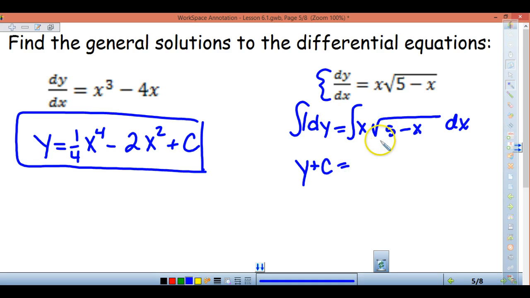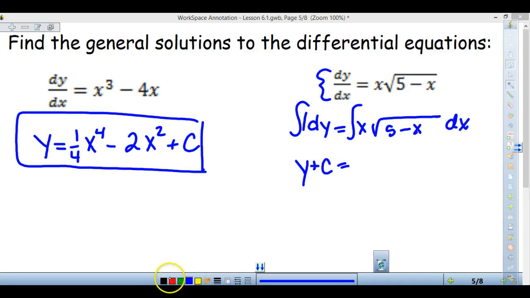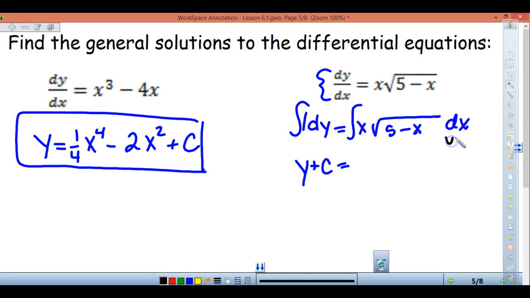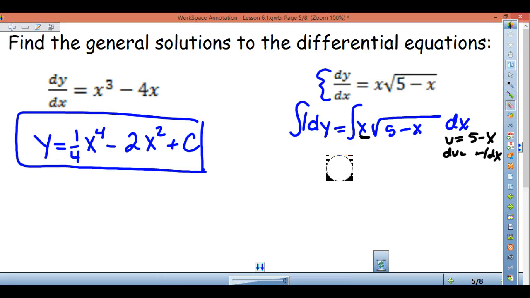All right, so then this is going to require some type of a u substitution. So I say u is going to be 5 minus x. The derivative of that is negative 1 dx. Well, unfortunately, I still have an x there, so this is one that does require an extra rewrite. I'm going to make some space here for that.